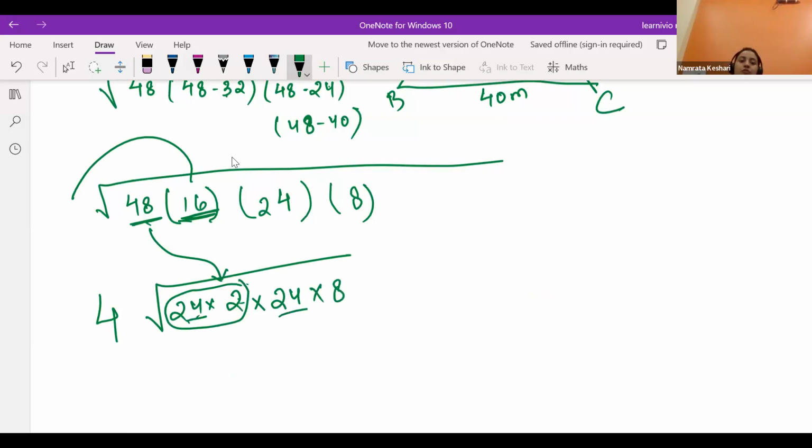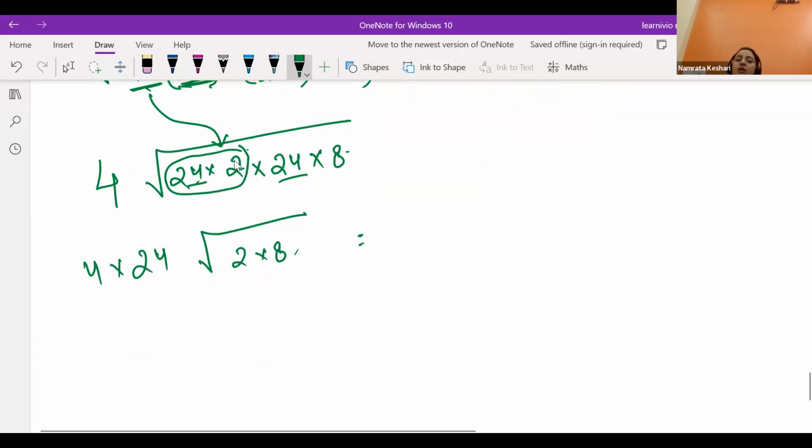So 24, 24, 4 will also come out. 4 is already there. And 2 into 8 is getting stuck. 16 again 4. So 4 into 4 into 24 will be there, right?